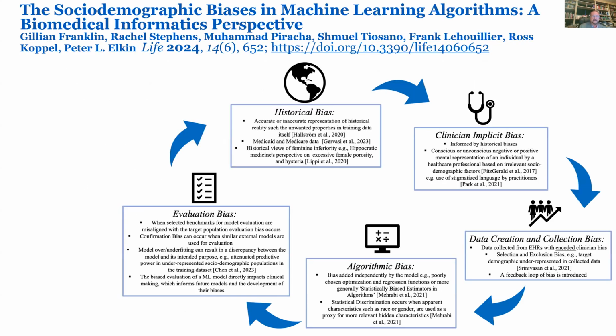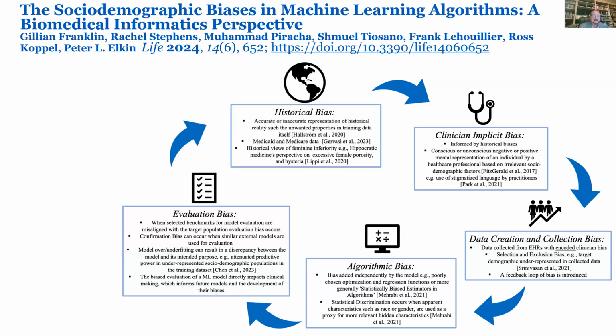So I'm on the NIH's AI task force on how to use AI for research in the country. And one of the things that we did was we created a paper on how to identify and mitigate socio-demographic biases in machine learning algorithms, which are more and more taking over information provision for patients and their families, actually, as well as for doctors.